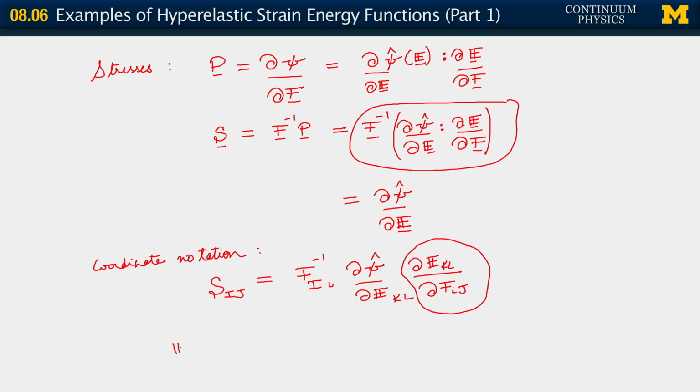Remember that E_KL is 1/2 C minus the isotropic tensor, and C is F transpose F. So we will write this as 1/2 (F_jK F_jL minus delta_KL). We will now go ahead and do that derivative.